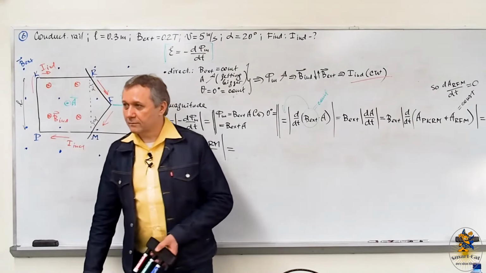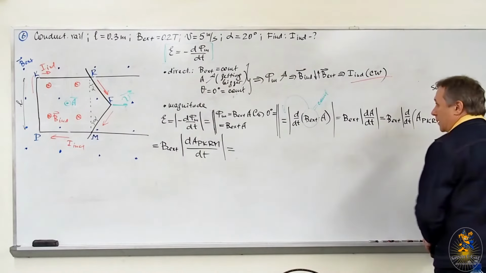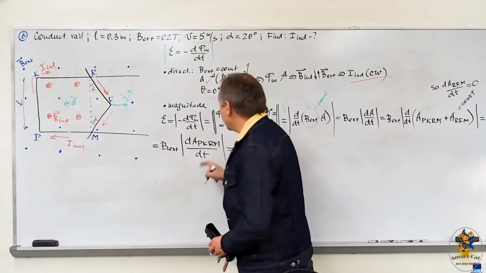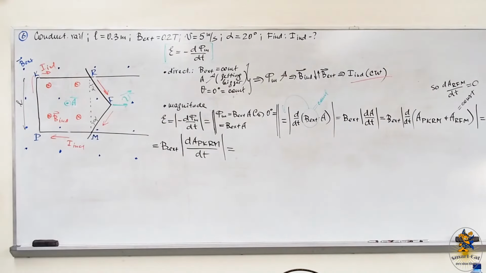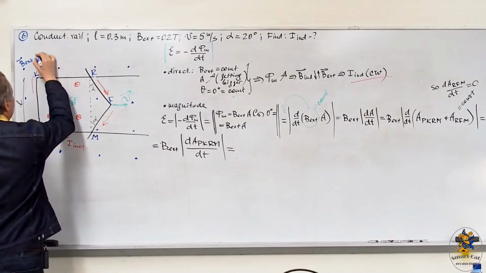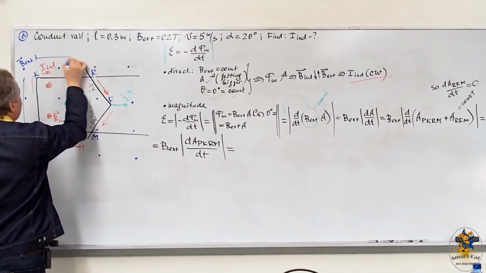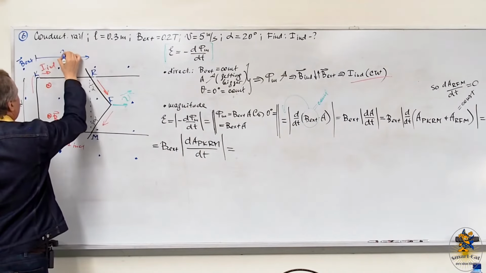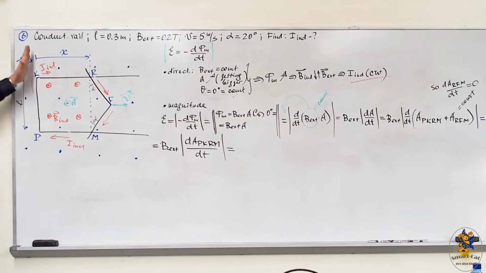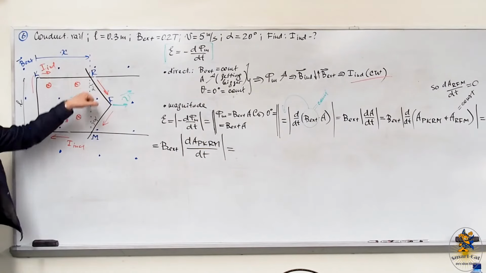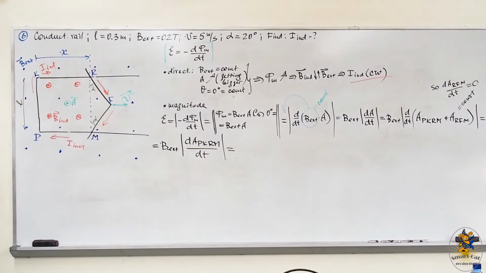So how can we make a transition from the areal velocity to just linear velocity? You remember the trick? We need to introduce, just for a couple of minutes, this distance X, for example: the distance from this edge of the conducting loop to this point, the end of the rectangle.